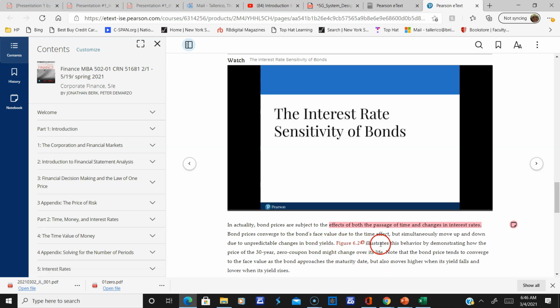If you look at figure 6.2, this illustrates this behavior by demonstrating how the price of a 30-year zero coupon bond might change over its life. Note that the bond price tends to converge to the face value as we get closer to the maturity date, but also moves higher when its yield falls and lower when its yield rises.